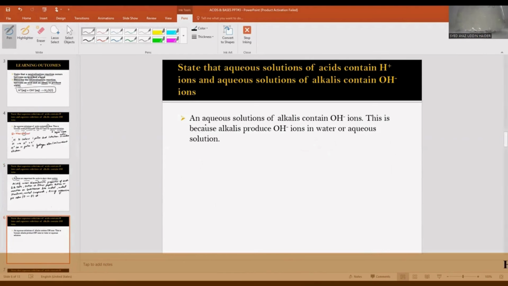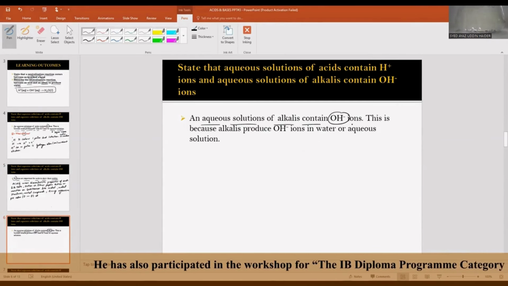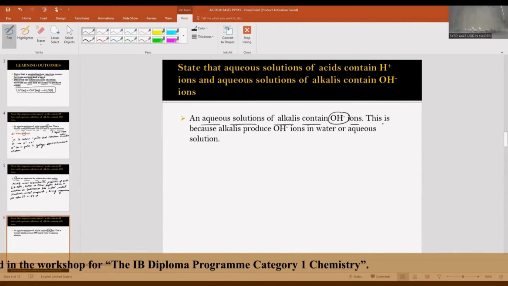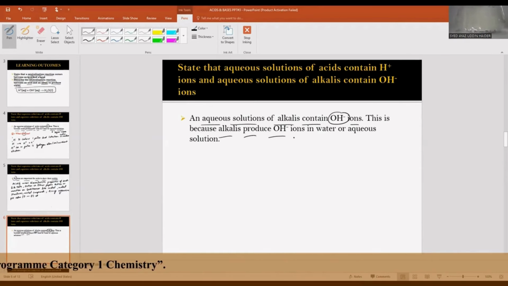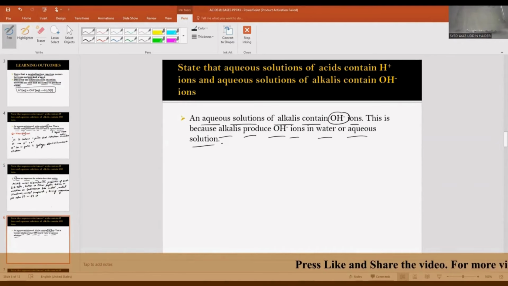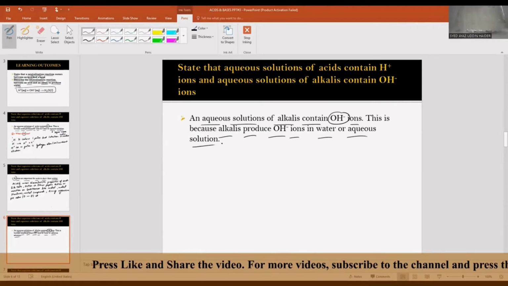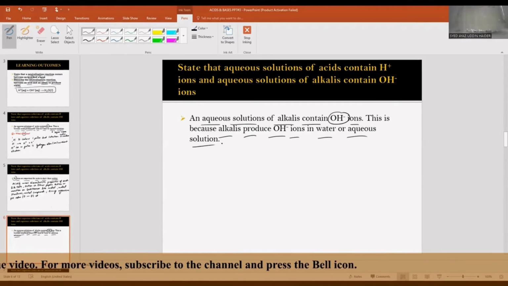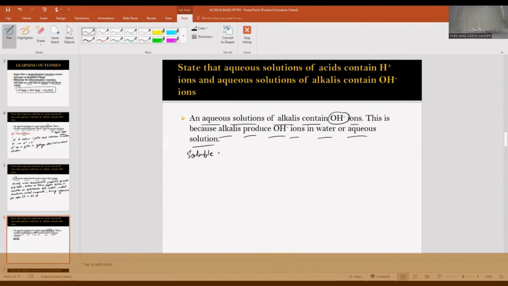In the same way, aqueous solutions of alkalis contain OH negative ions, just like acid. This is because alkalis produce OH negative ions in water or aqueous solution. You can take an example of alkali. You know that alkalis are soluble metal hydroxides.